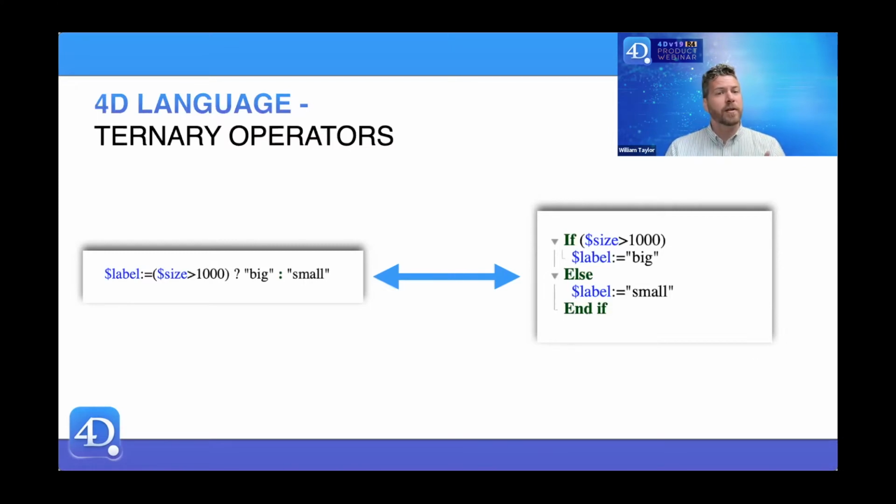Now, because we're supporting ternary operators in 4D v19, something to note is that the colon is no longer allowed in variable, field, constant, function, plugin, or project names. Don't use a colon as a variable name in your application anymore, otherwise you will have issues. I invite you to see the release notes and the changes and updates in v19 R4 for more information about this.